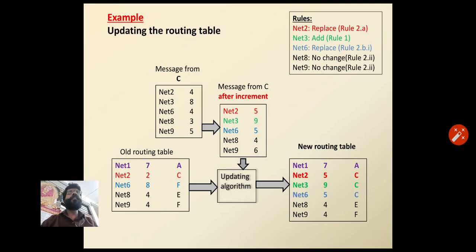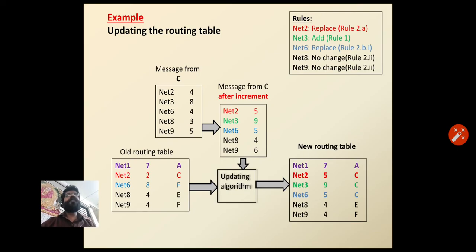And how do we update it? Here we update with the updating algorithm. Here we can see net 1 7A, net 1 7A, which is a host node, so we cannot change it; it stays as it is. There are no rules about net 1, since it is the same node.